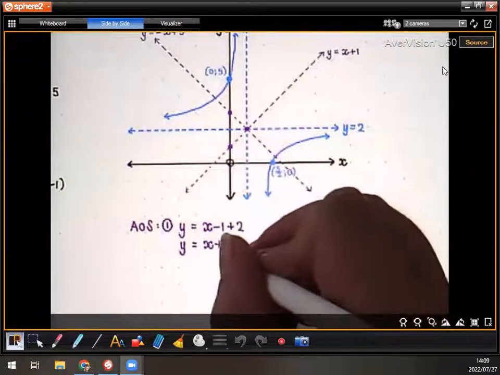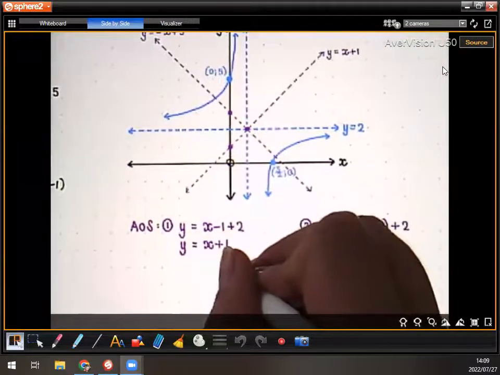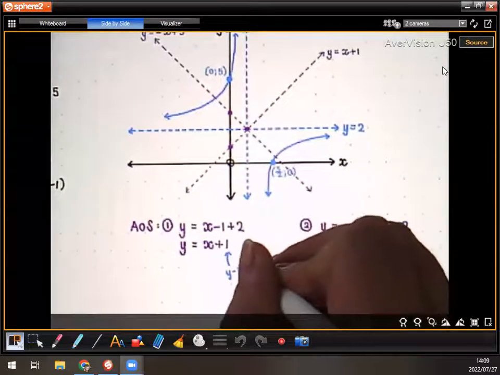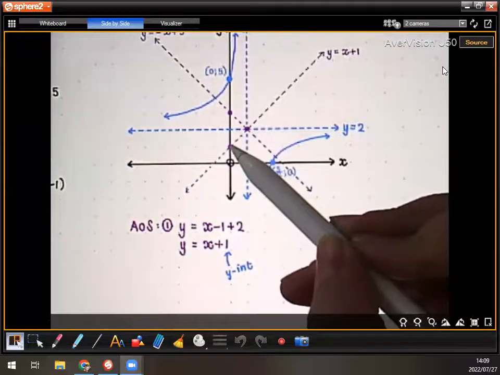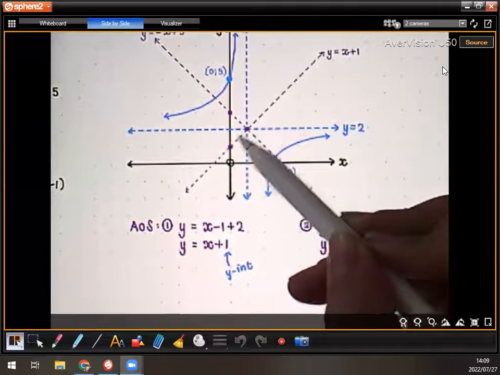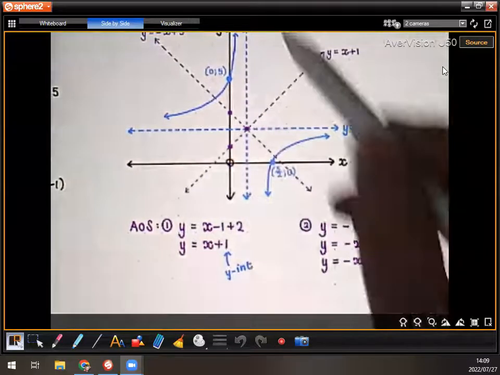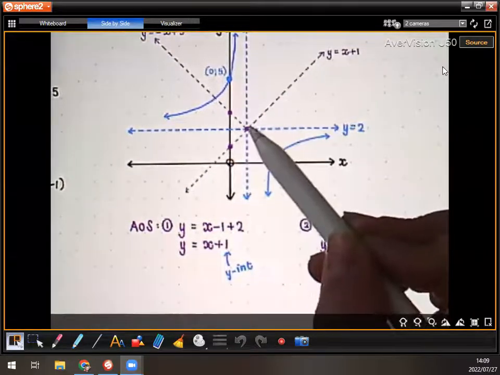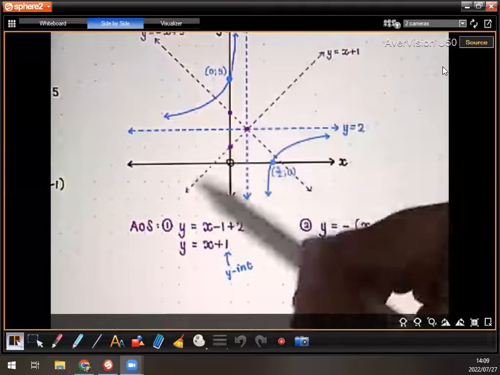So this axis of symmetry has a y-intercept of 1. So you can see I labeled it there. And remember, the axis of symmetry always goes through the point of intersection of the two asymptotes, through that cross point thing. Okay, and then we can just draw it here.